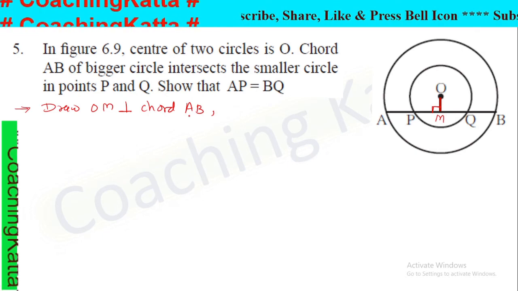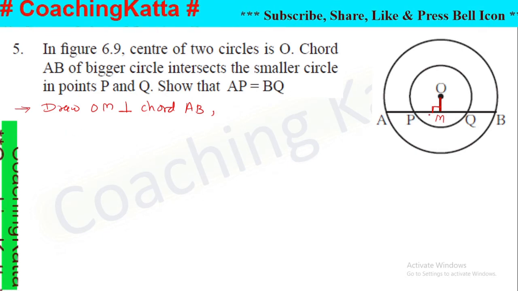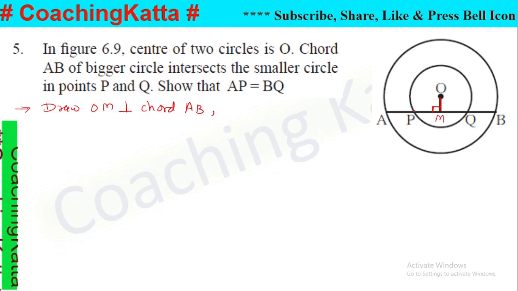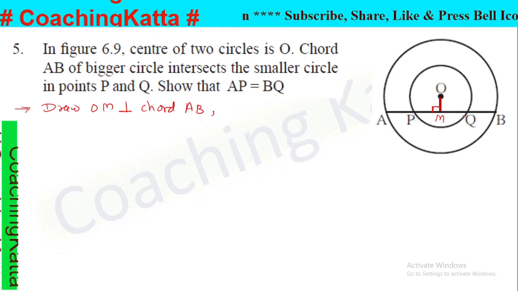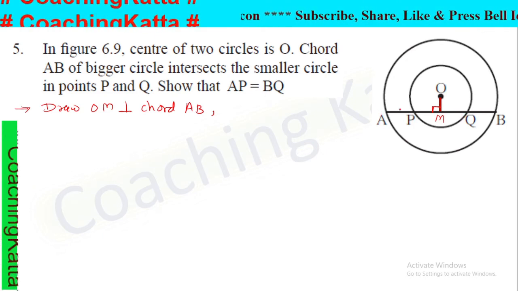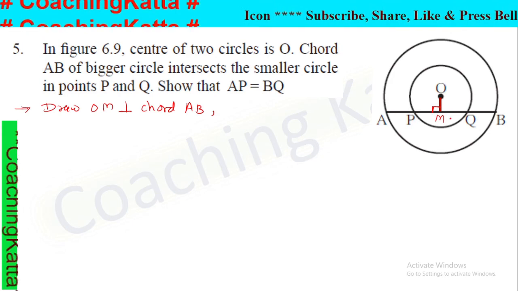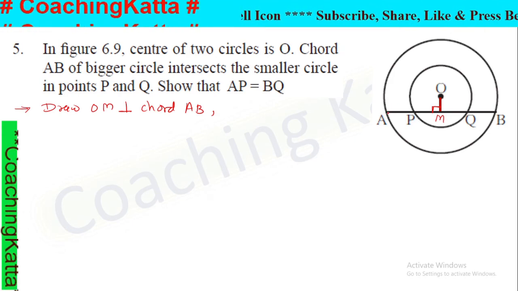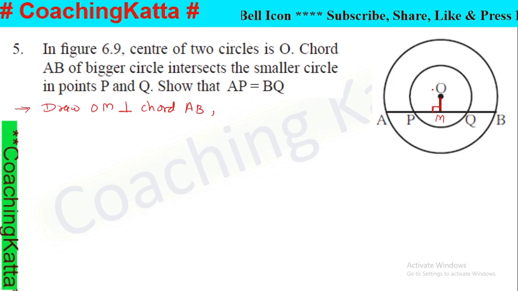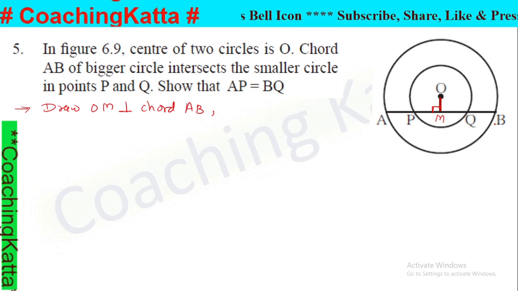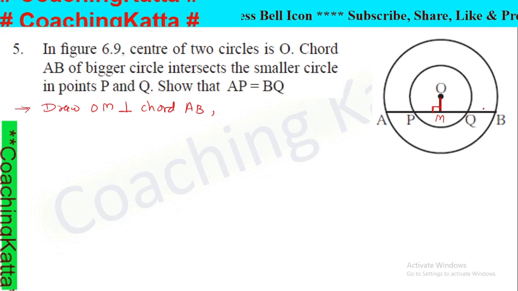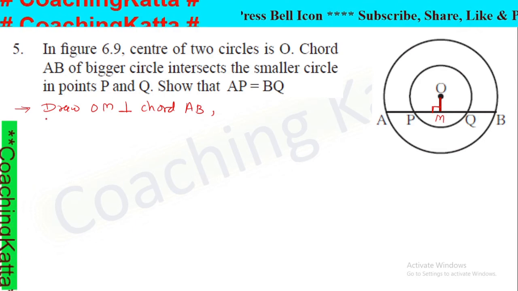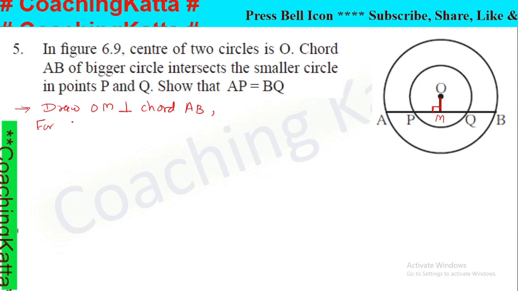Then this is the chord of the smaller circle and therefore PM equals MQ. Also OM is perpendicular to AB, and AB is the chord of the bigger circle, therefore AM equals MB.